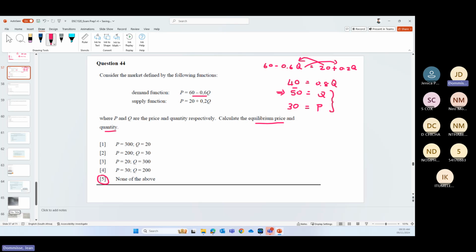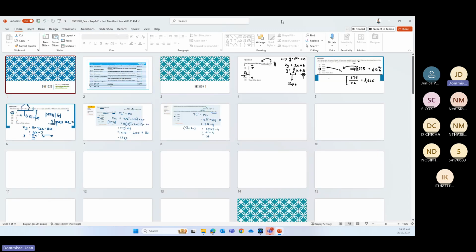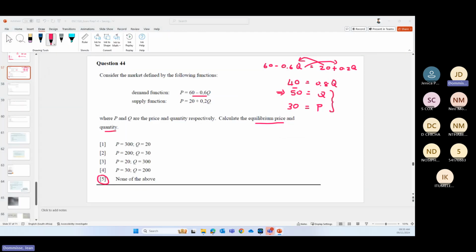So I hate it when it's none of the above, because one, I always then think I made a mistake somewhere. So I just want to check in some of my other, I just always get a weird feeling when it's something like that, but seems like it is right.